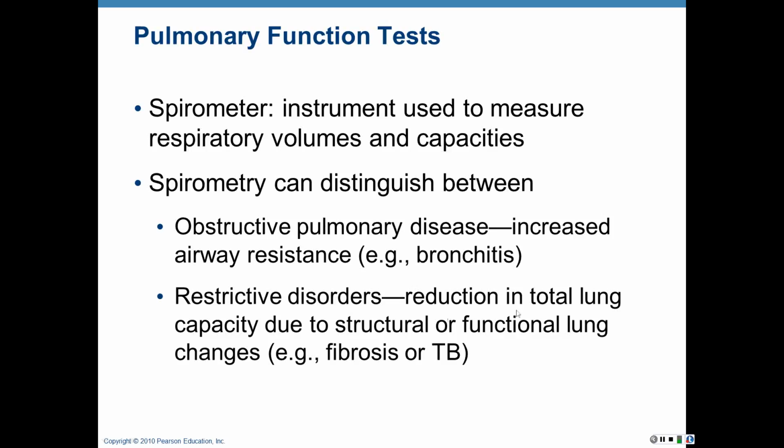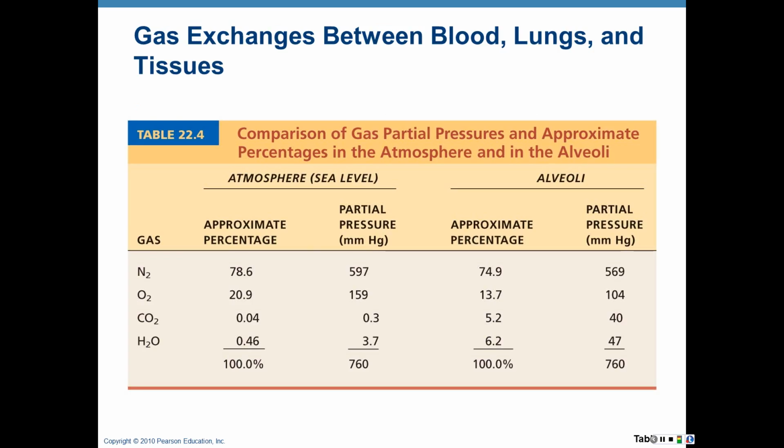That's where you have a reduction in your total lung capacity because you've got changes due to fibrosis, conversion of alveoli, little air sacs, over into fibrous connective tissue due to damage to the alveoli. And again, a lot of times that's due to smoking, unfortunately, and then also TB, tuberculosis, an infectious disease that can cause those types of problems as well.